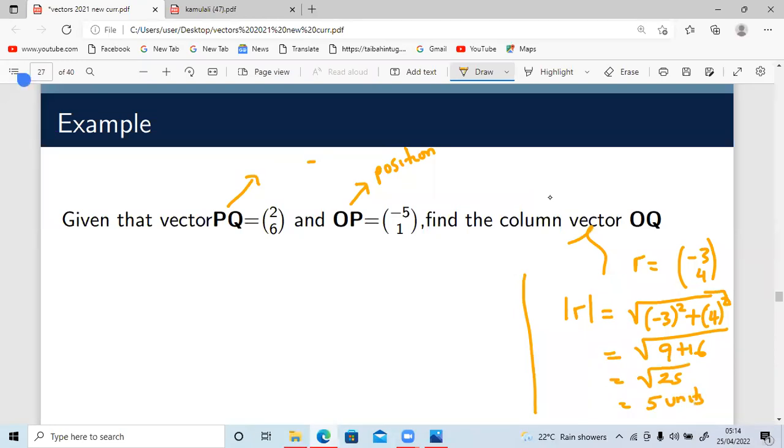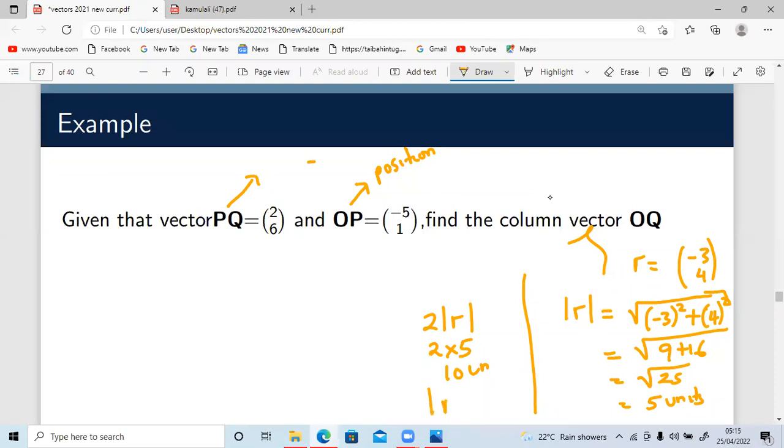So which part do you want? And the other one of 2R, what are you going to do? I was going to multiply 2 times 5 units. Perfect. And your answer becomes? 10 units. Good.